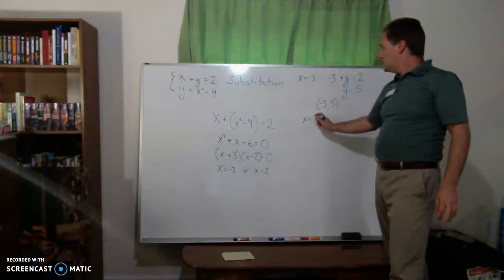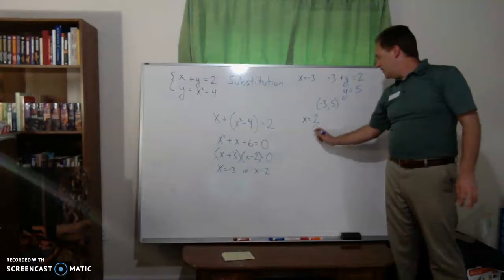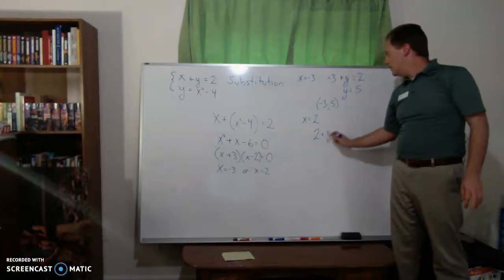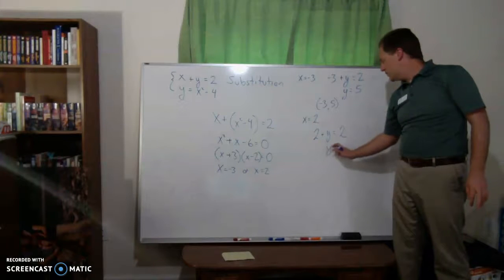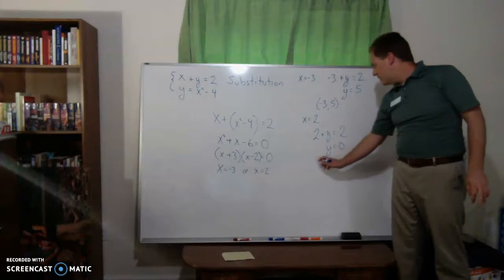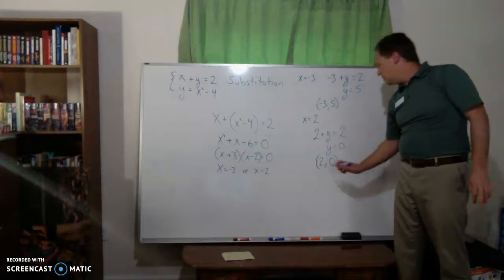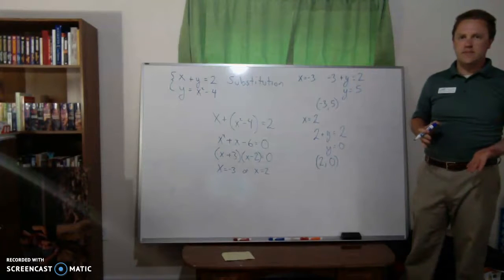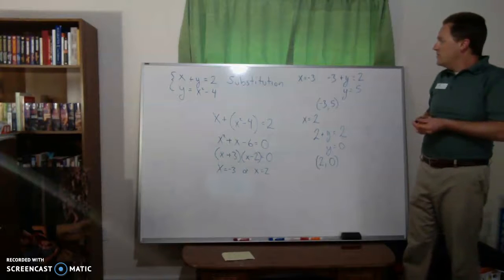When x is 2, I can plug that back in, and we have 2 plus y is equal to 2. Subtract 2 from both sides, we get y equals 0. So I also have the solution 2, 0. And these should both be solutions.